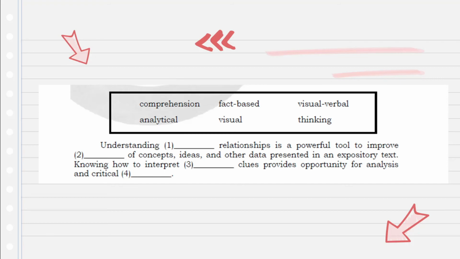Understanding one blank relationship is a powerful tool to improve two blank of concepts, ideas, and other data presented in an expository text. Knowing how to interpret three blank clues provides opportunity for analysis and critical thinking. Number 4, blank.